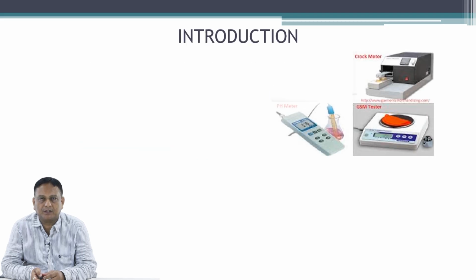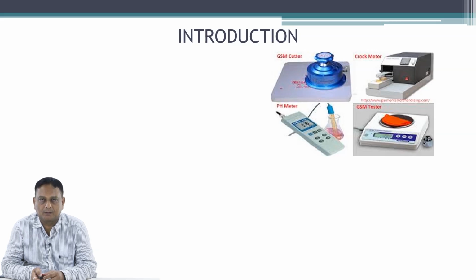Now in the introduction we can talk about different types of testing which are very common for garments, and those are the things coming under routine testing. The first one, the round-shaped one, is the GSM cutter, which is used for the determination of the weight of the garment.